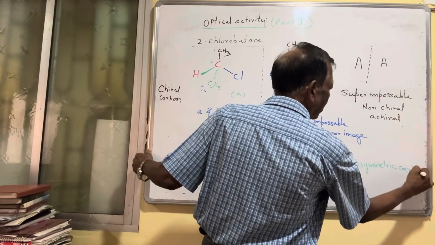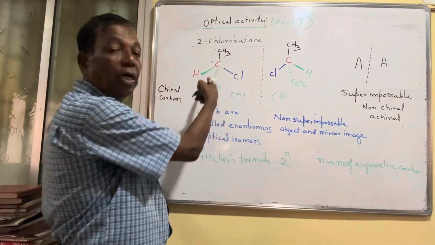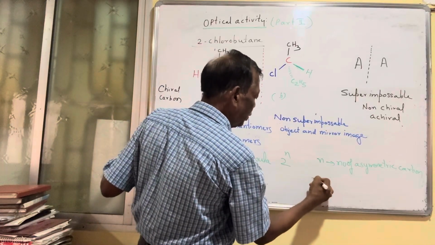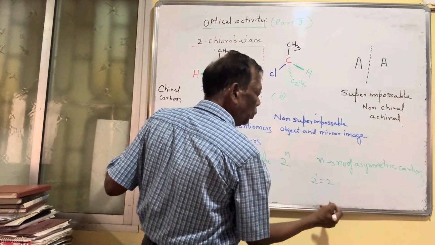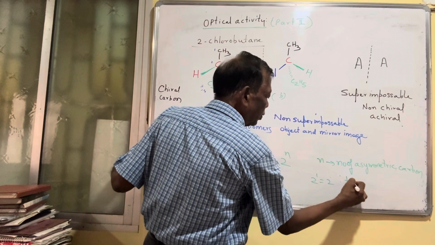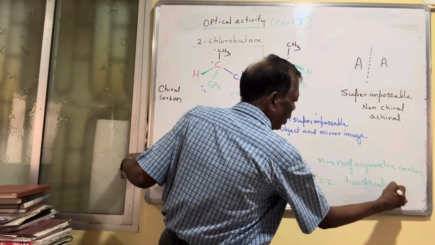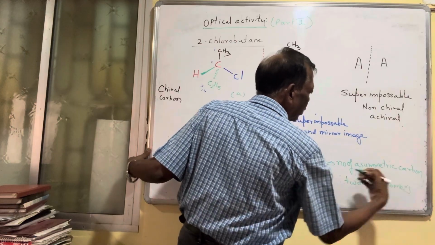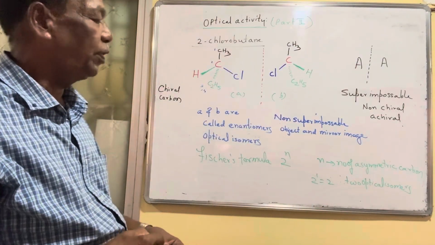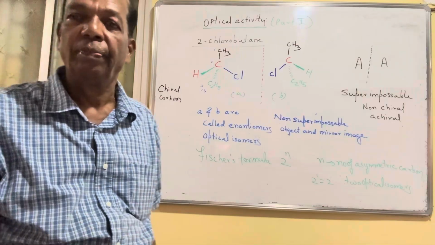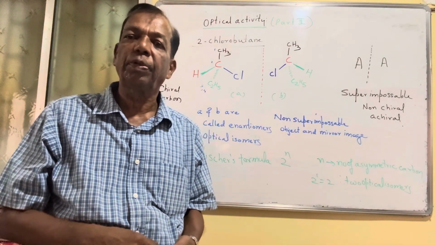So in this case, the asymmetric carbon is 1. Therefore, it is 2 raised to 1, which is equal to 2. And therefore, 2 optical isomers. Okay, remember.